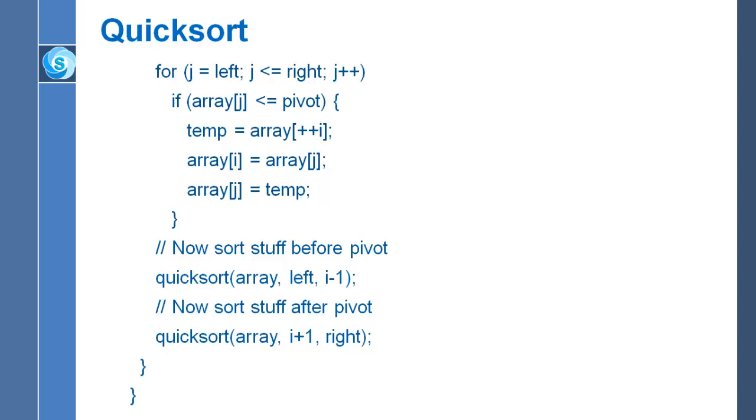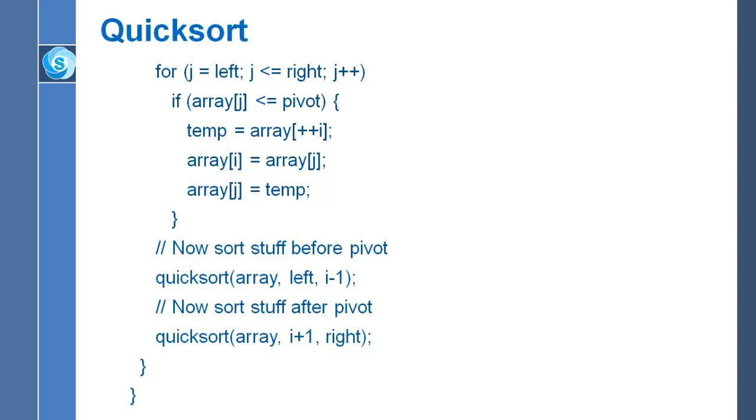So this increments I, and then whatever the value of I is after the increment, that's used to index into array. That's copied into temp. Then what's in position J gets copied into position I, and then what's in temp gets copied to position J. So positions I and J get swapped, but only after incrementing I.